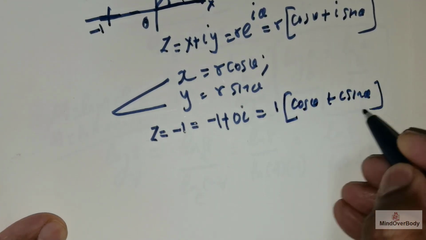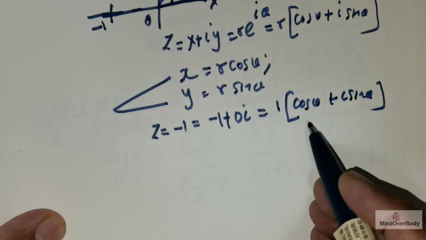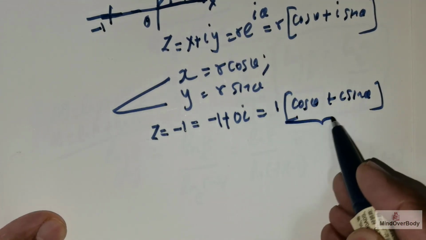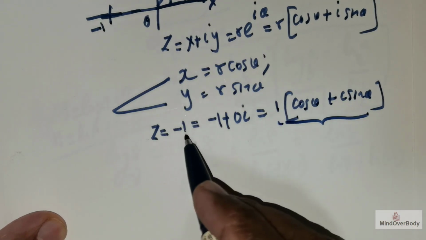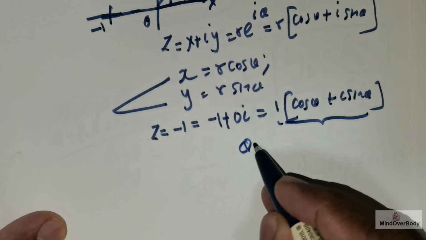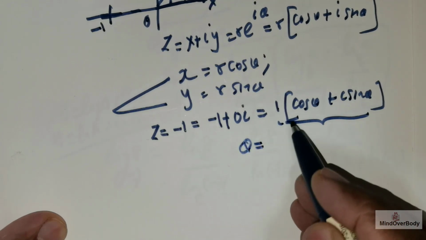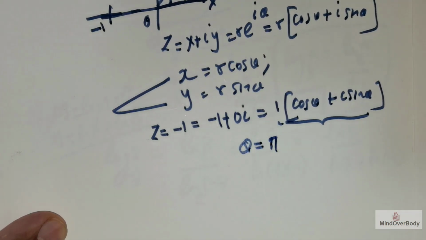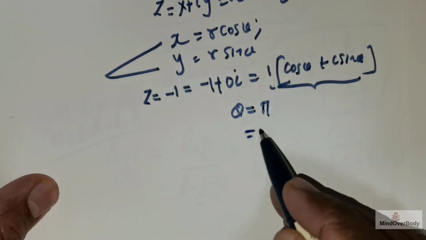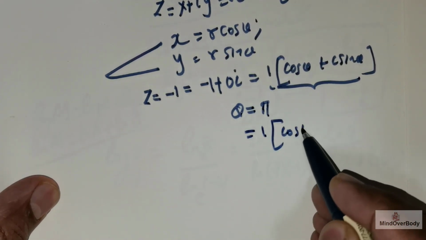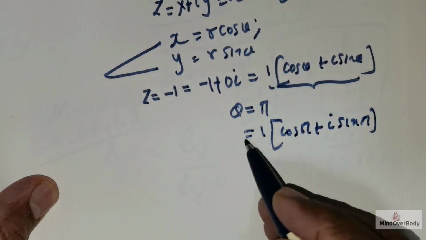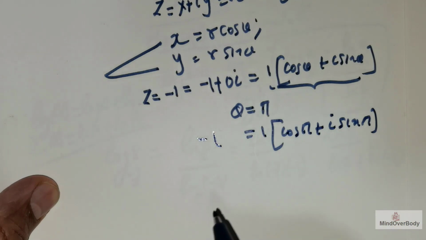Now when exactly will this component be equal to -1? When is it possible? The only value for which this is going to be true is when theta is equal to pi. When theta is equal to pi, this is equal to 1 times cos pi plus i times sin pi, which is nothing but equal to -1, right?